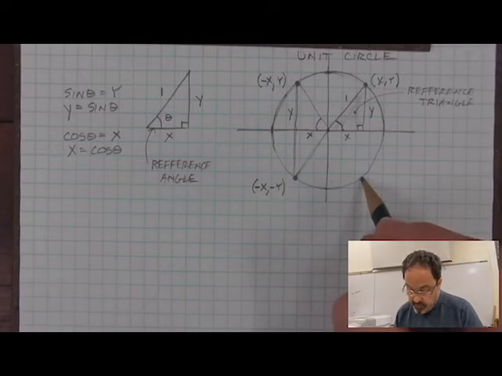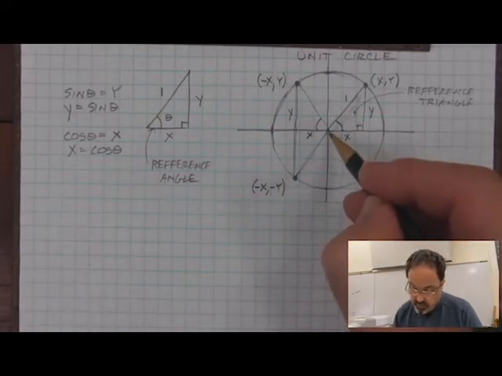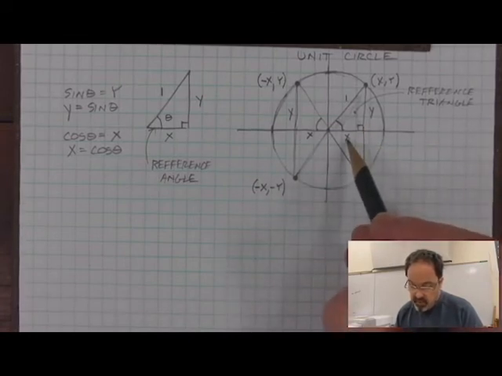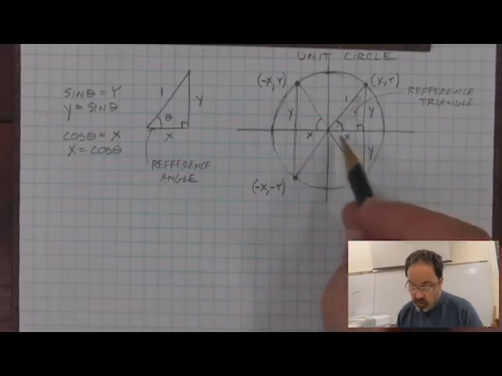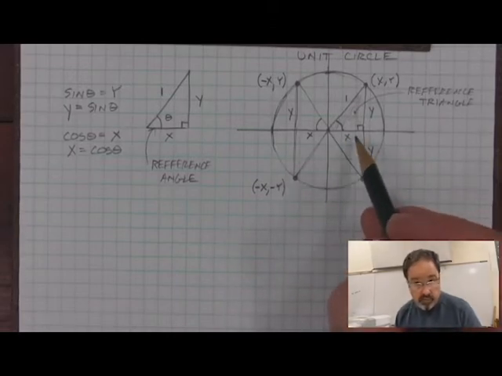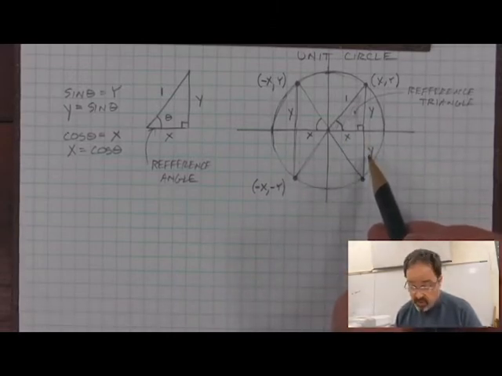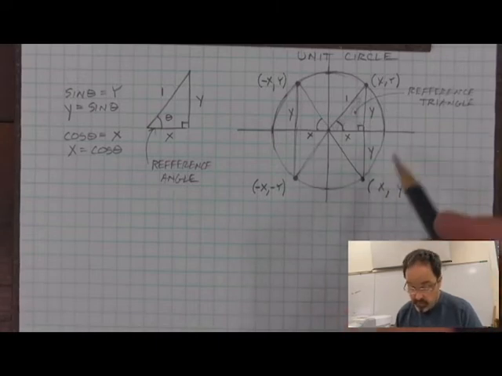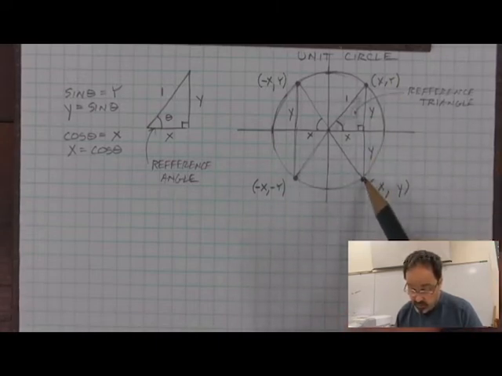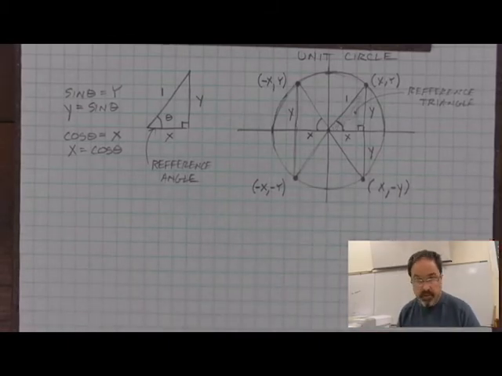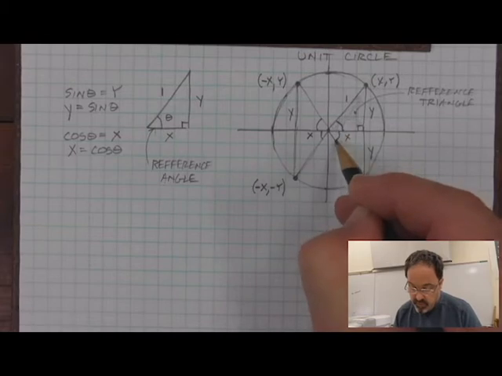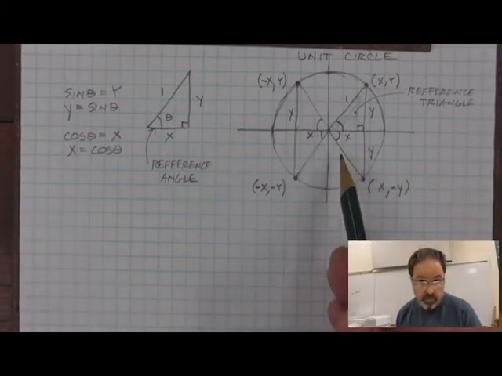And in the fourth quadrant, if we were working with a symmetrical reference triangle with the same magnitude x and the same magnitude y for the legs of the triangle, which are positive distances, then the coordinates of the point would have the same magnitude x and y. X would be positive, like the first quadrant, but y would be negative. All of these triangles have a reference angle that is congruent, or the same measure.